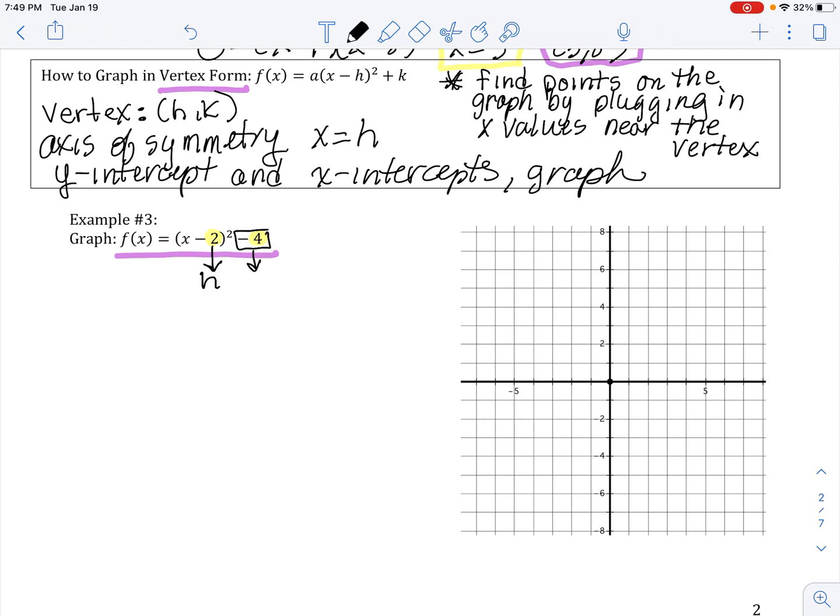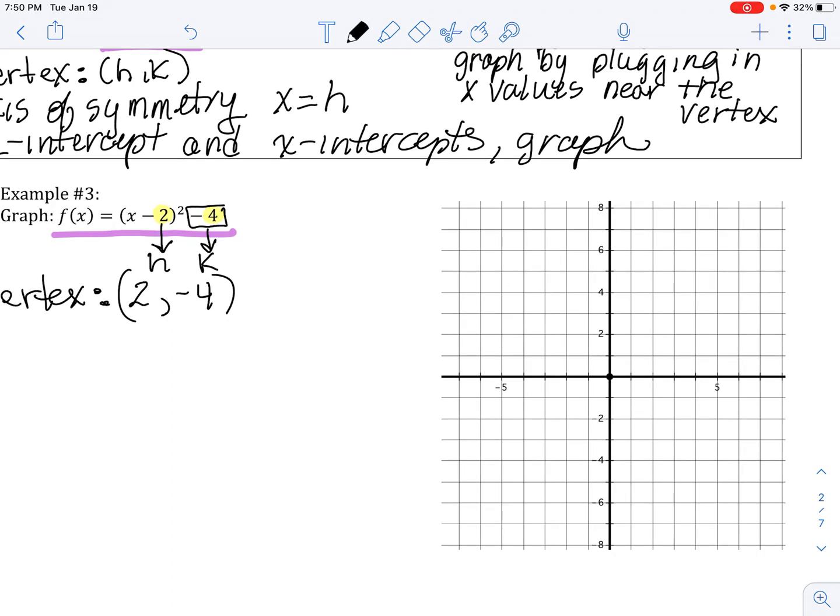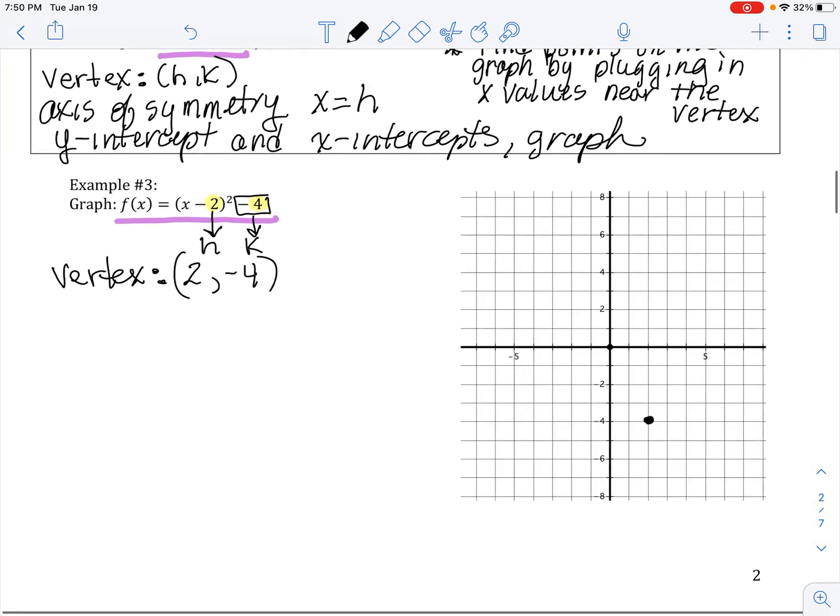So together with that minus 4, that is your k value. So the vertex of this is (2, -4). We're going to go ahead and plot it. So 1, 2, 1, 2, 3, 4.